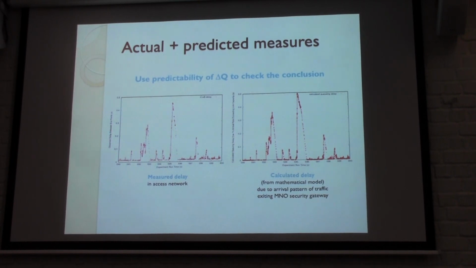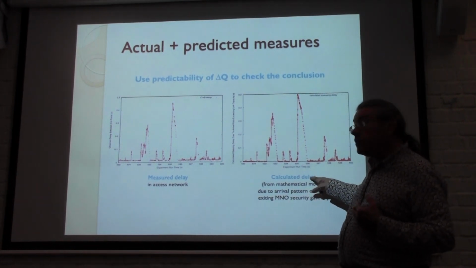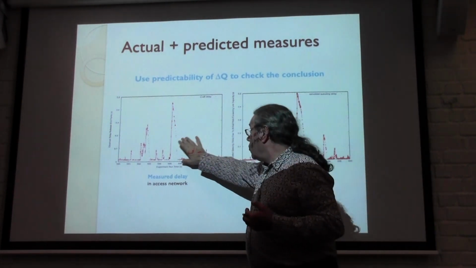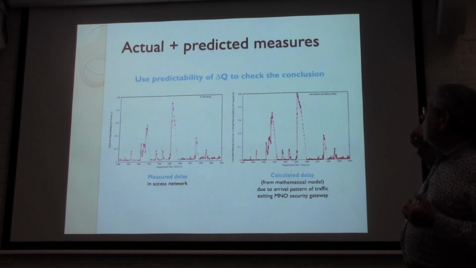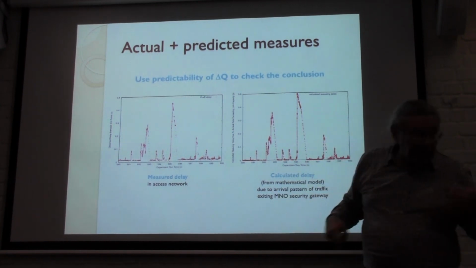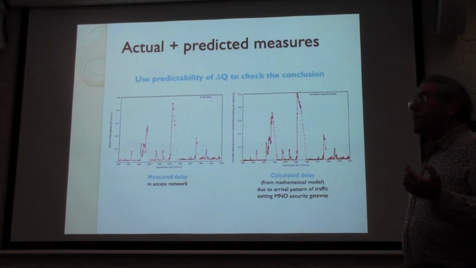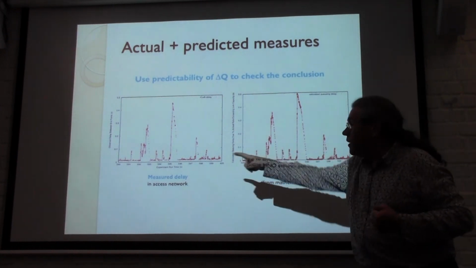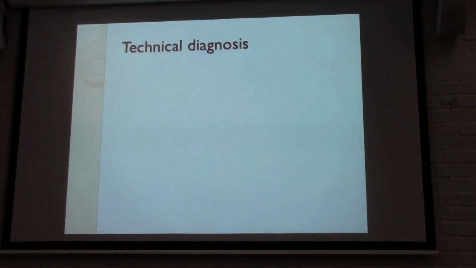So they modeled the queue, and they calculated what the delays would be using the delta Qs, using a mathematical model, and they could see that it was corresponding quite closely to the measured delay. What this means is that they kind of verified their inference, kind of like Sherlock Holmes. You make some assumption, and then you look at the consequences, and you can see that it was that. So that means now they're able to make a diagnosis.